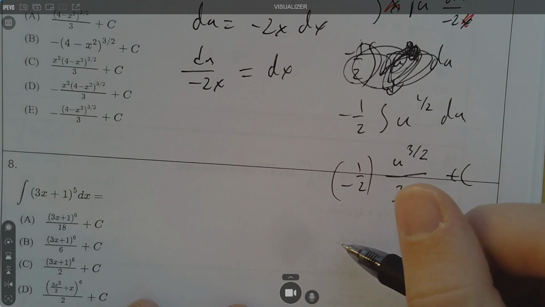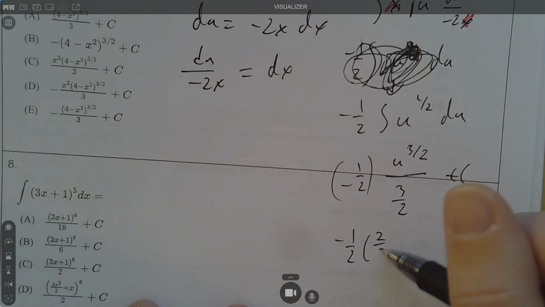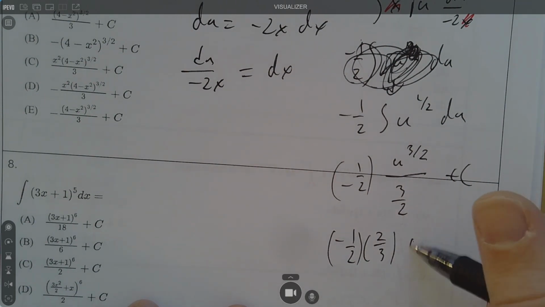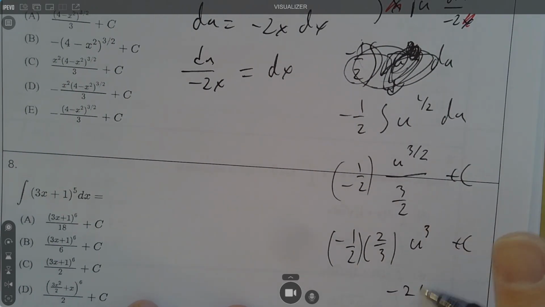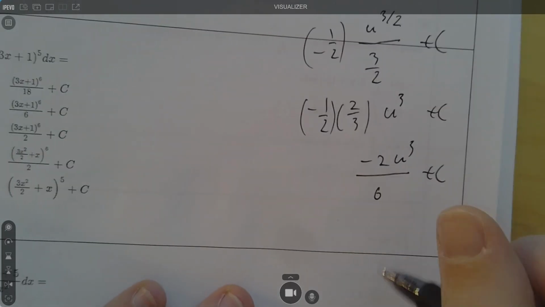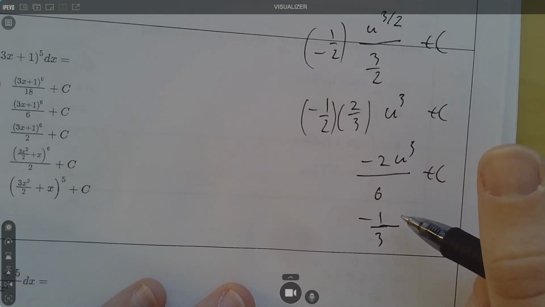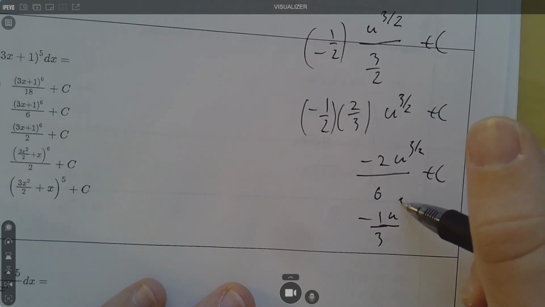And then you bring this up and you flip it. So it's going to be negative 1/2 times 2/3 times u to the 3/2 plus c, which is negative 1/3 u to the 3/2 plus c.